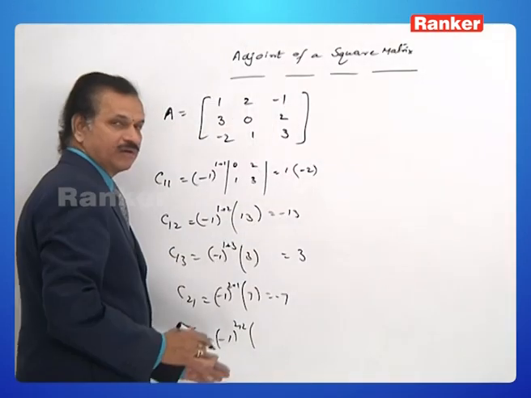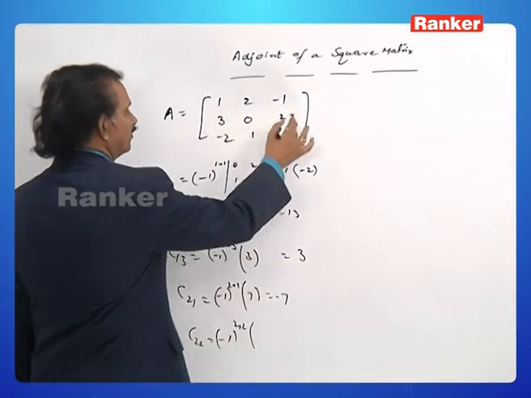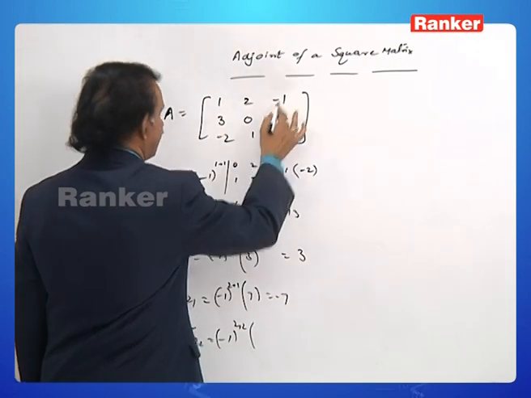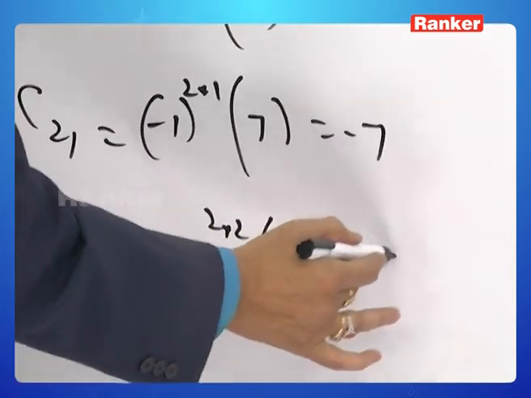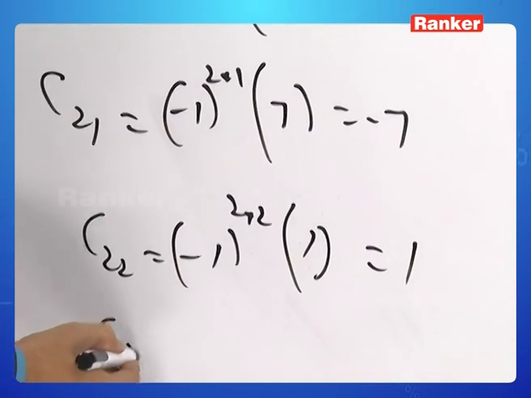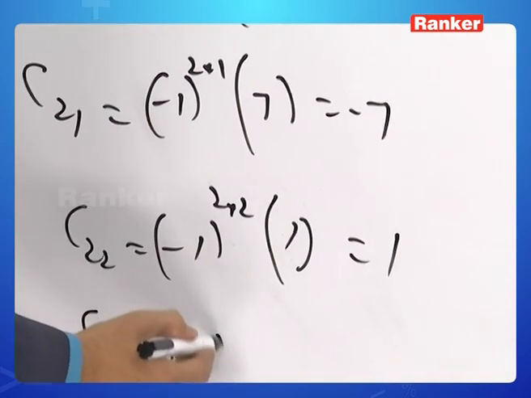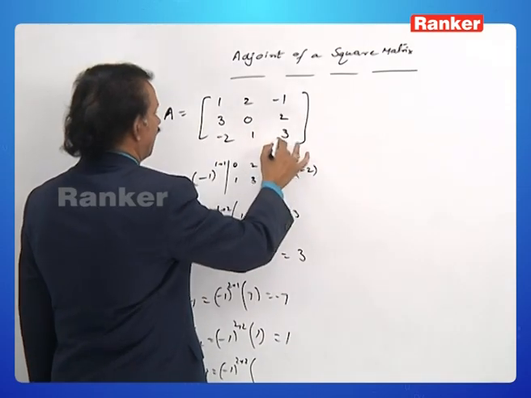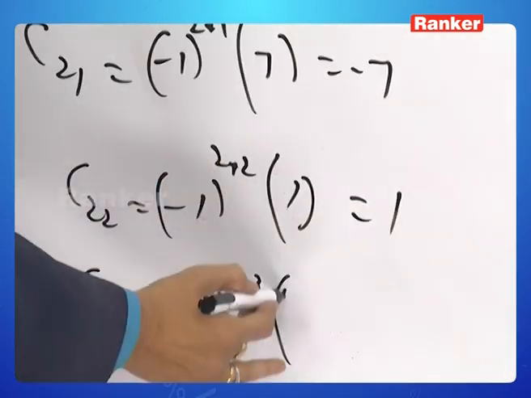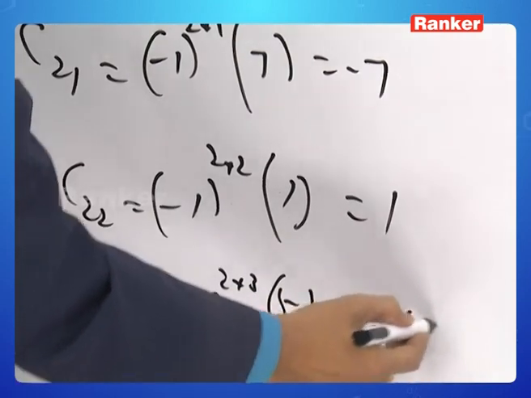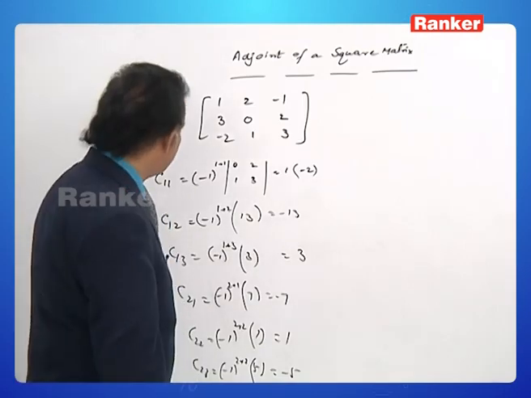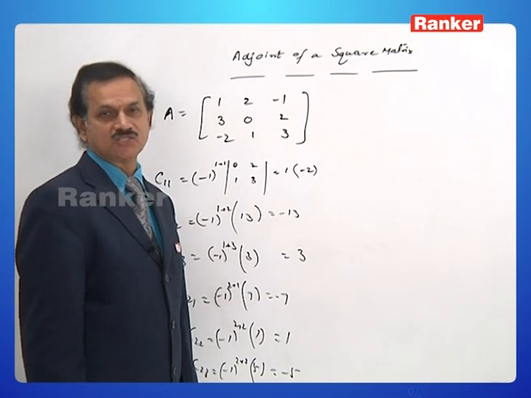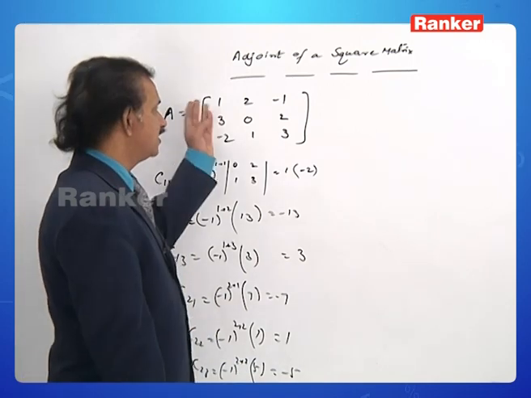You may have to remove second row and second column. 3 minus 2 is 1. Hence the answer is 1. C23, that is second row, third column. 1 plus 4, 5. So it is -5.